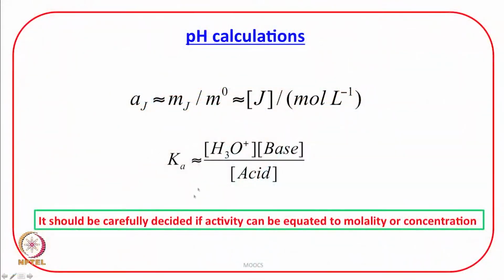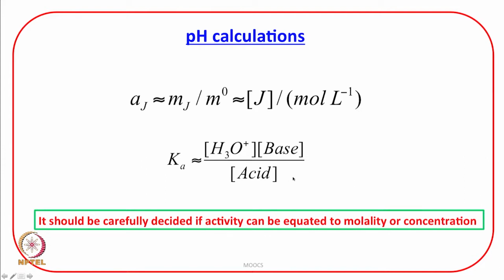And if we are sure that the solution is so dilute that we can treat the activity coefficient to be approximately 1, then we can make the assumption as seen in this slide, that is, we are expressing the acidity constant in terms of the concentration.